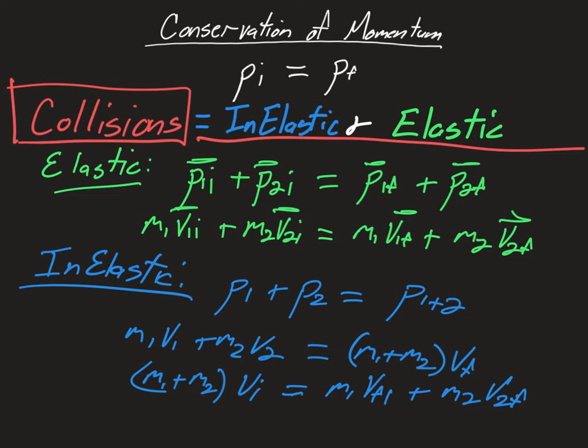And so really, this is how you would do an explosion. Because you could say it started with no momentum, and then each part had to go in opposite canceling out pieces in order to get rid of all of that momentum.